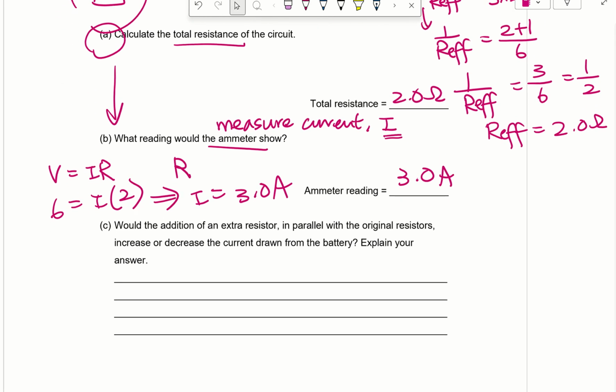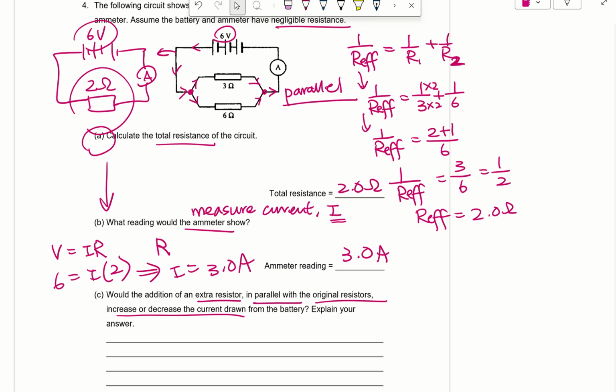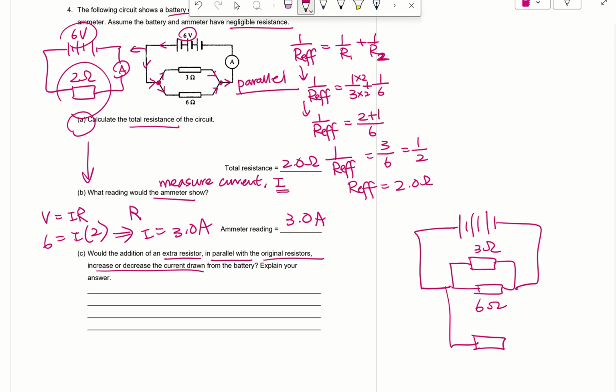Now, will the addition of an extra resistor in parallel with the original resistors increase or decrease the current drawn from the battery? Explain your answer. So they want us to put in another resistor. Initially it was 3 ohm, then I have 6 ohm, and now they want me to add one more resistor.